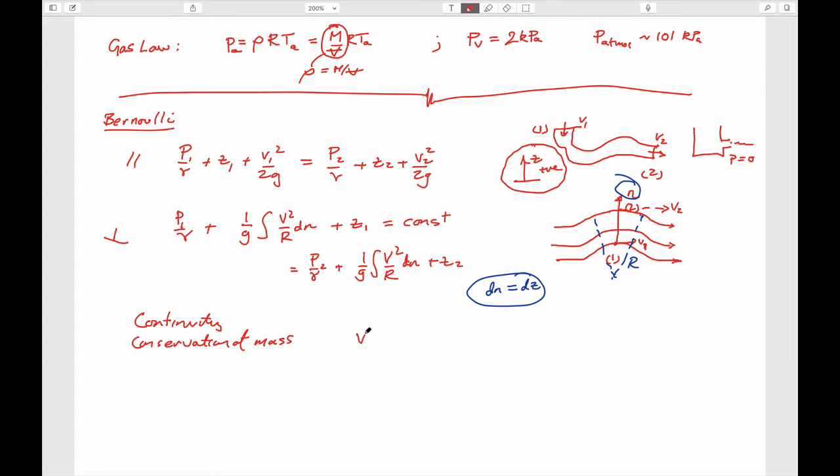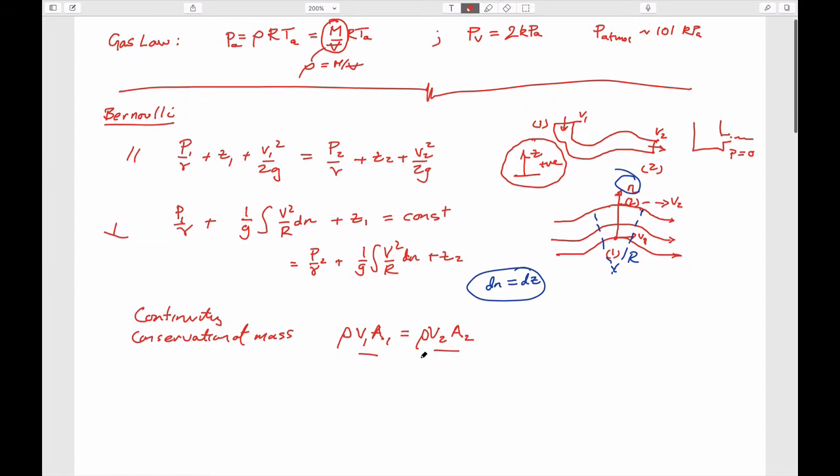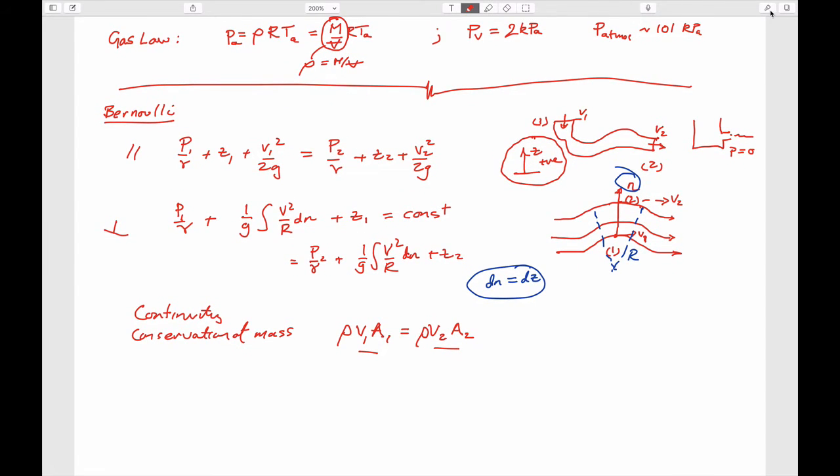Conservation of mass for Bernoulli is just that the velocity upstream times the area upstream is equal to the velocity downstream times the area downstream, times the density as well, which usually doesn't change. But usually you can get away with just using the areas and the velocities if it's an incompressible fluid, such as a liquid. Okay? So that's that. Any questions?